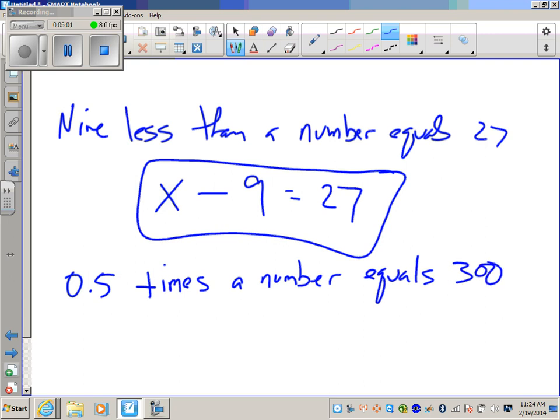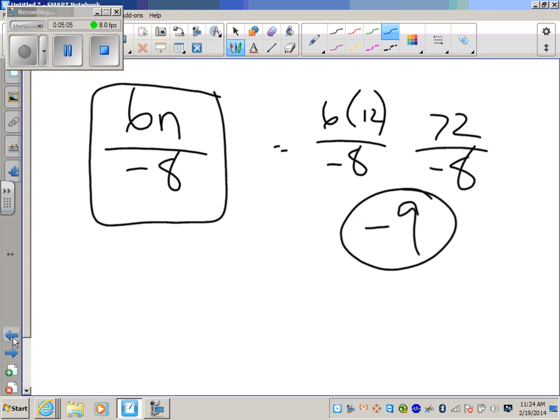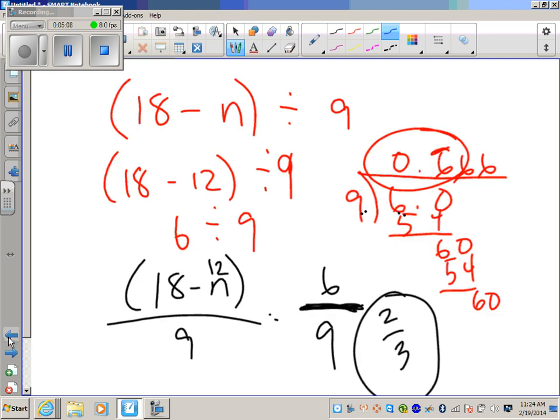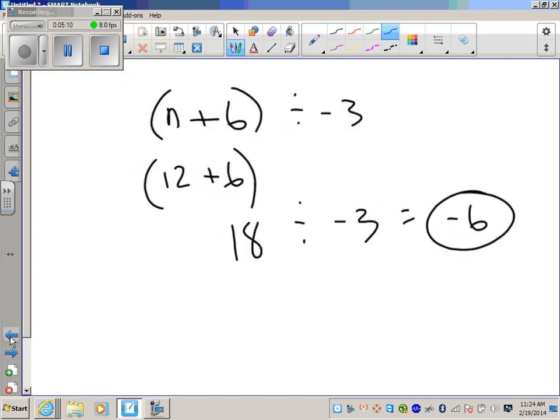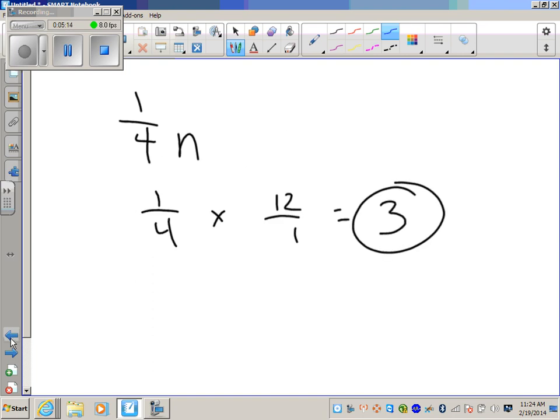Okay. Now I want to just refresh our memory here. When we were showing multiplication, I said that we're going to start moving toward a certain way to show multiplication. This was 1/4 times a number, or 1/4 of n. Of meant times.